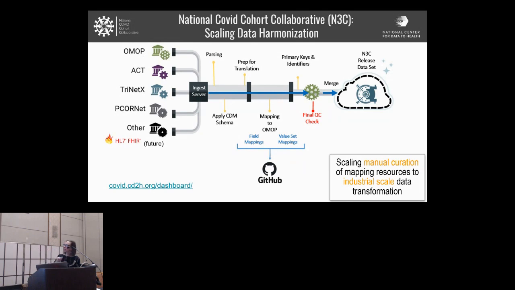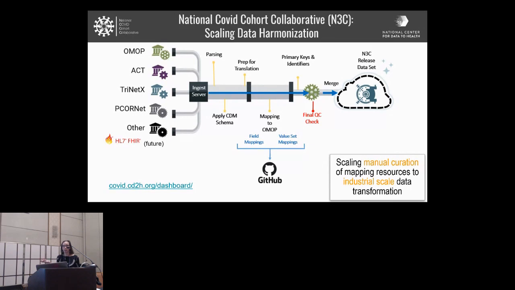And what was really great is that over there on the left, we already had these distributed clinical research networks, the Odyssey network, the ACT network, a commercial vendor, TriNetX, and PCORnet. And we were able to talk to all the different institutions and these different research networks and work together to develop a harmonization pipeline that would map all these different common data models that their electronic health record data was encoded in, and bring them all together into one primary secure enclave.